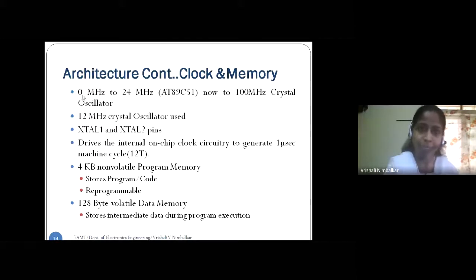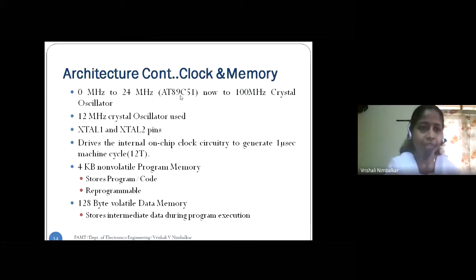So that's the minimum 0 frequency and the maximum is 24 megahertz. You will get this in their data sheets, correct? So if this is the minimum and the maximum oscillator frequency, generally we operate that device at half of the frequency. So we will be operating the 89C51 microcontroller at 12 megahertz.